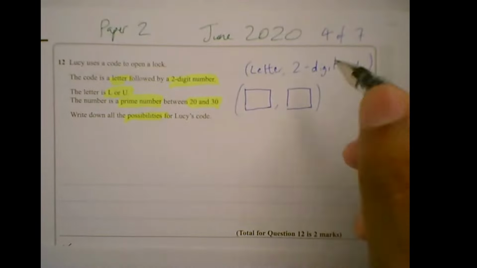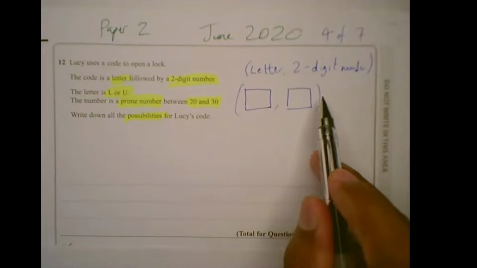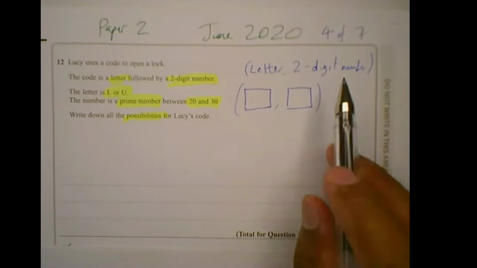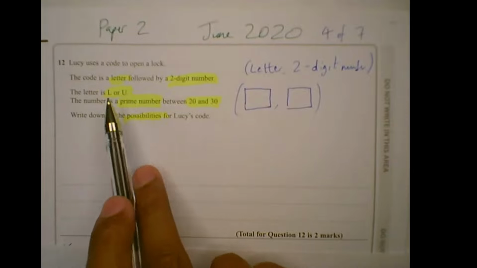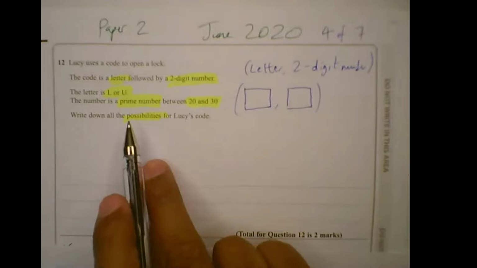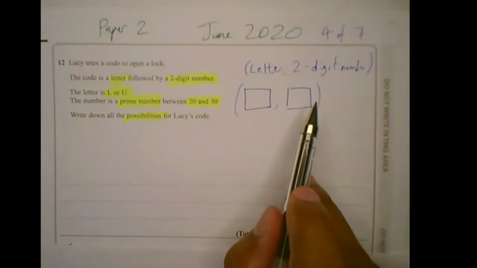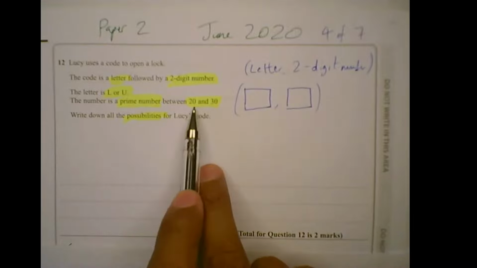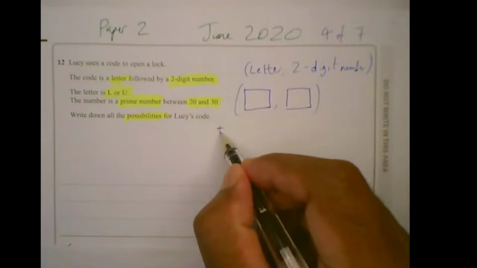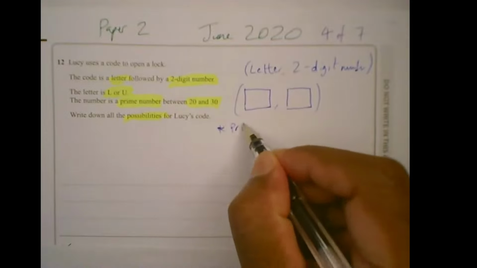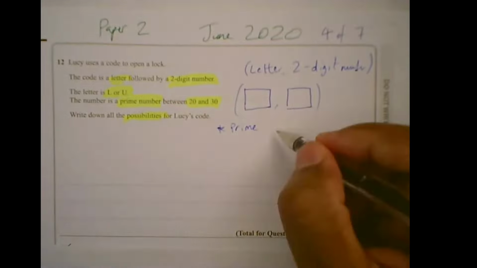The first one is going to be a letter and then it's a 2-digit number. Similar to before, I'm going to have those letters L or U. And the second one is a prime number between 20 and 30. So I've got to work out the prime numbers between 20 and 30.